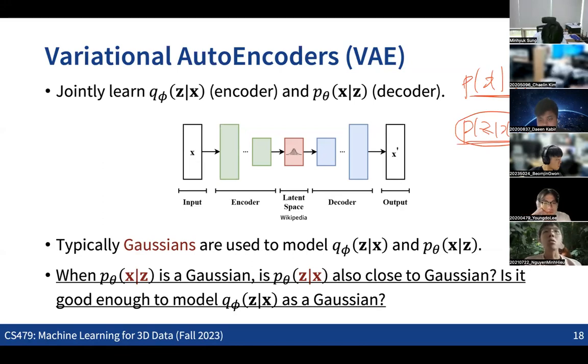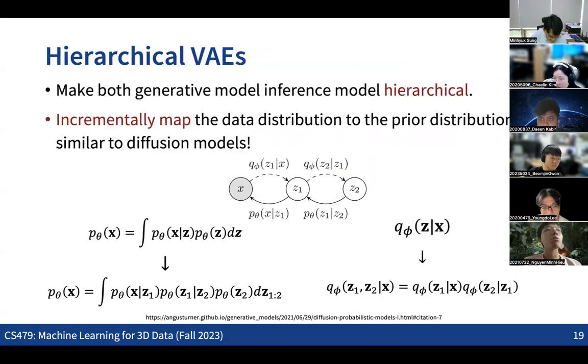Which means that for cases where we have a single transition both for the encoding and the decoding, and we model these two as Gaussians, it's hard to get a very accurate mapping, because we are just using Gaussians for single transition cases. That actually results in the idea of the hierarchical VAE.